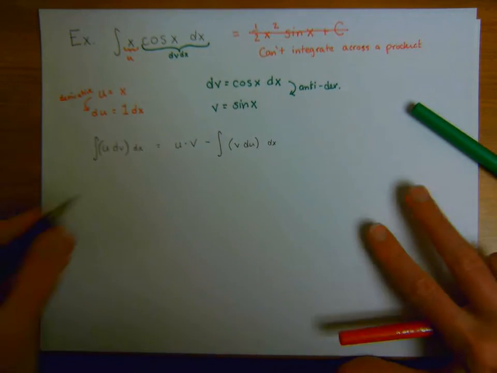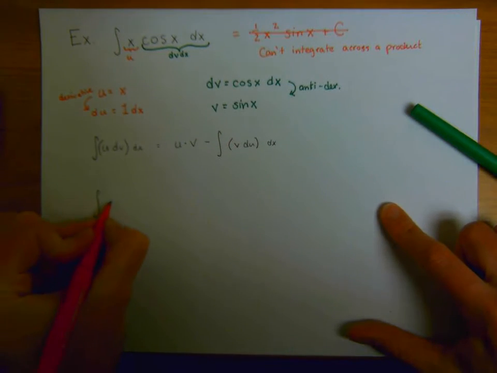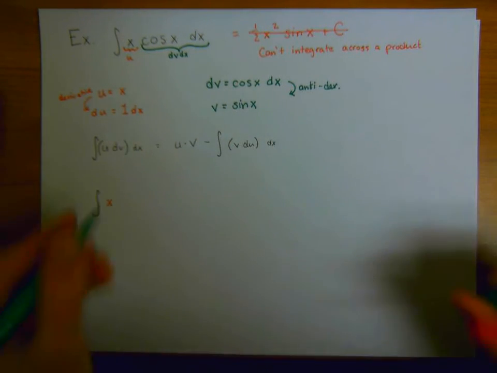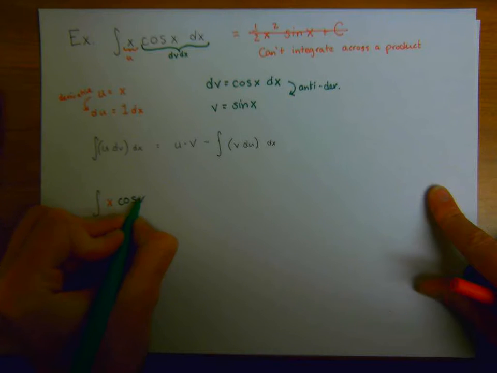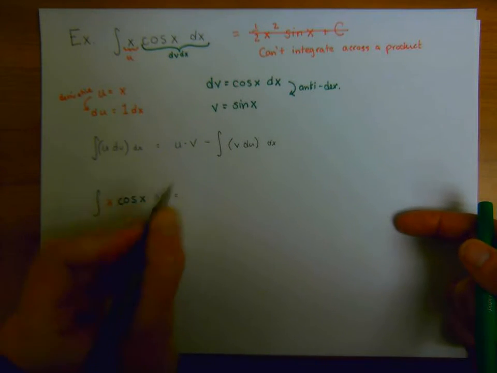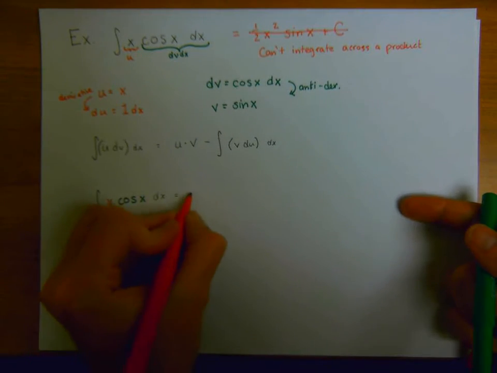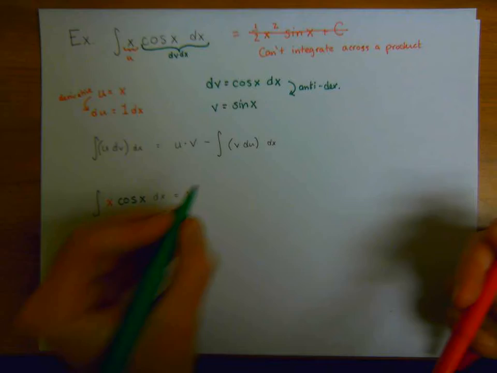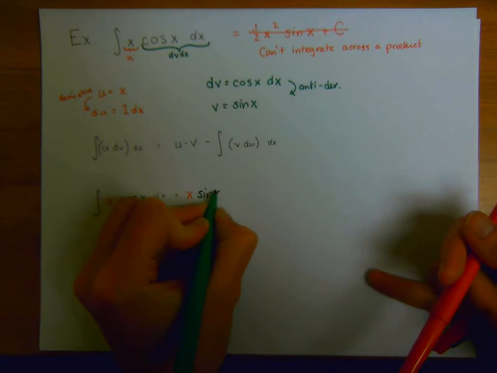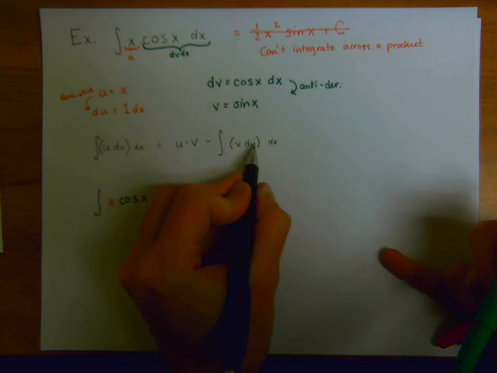In this case, it means that my original integral, the integral of x times cosine x dx, is equal to u times v, which in this case is x times sine of x, minus the integral of v du.